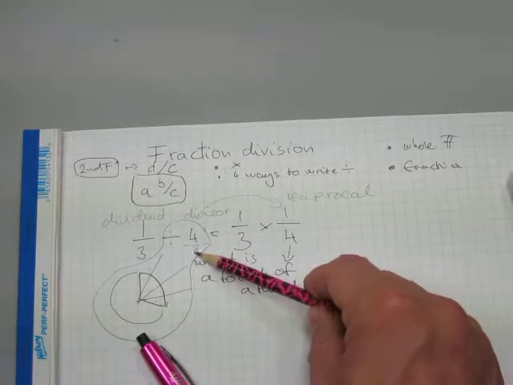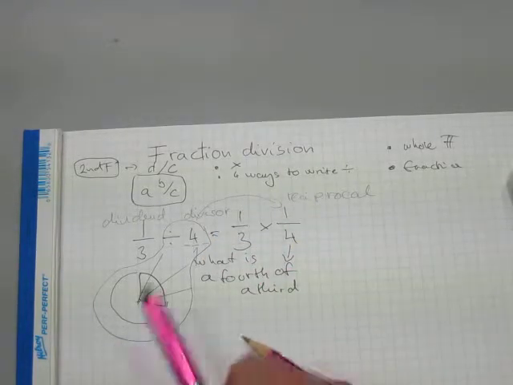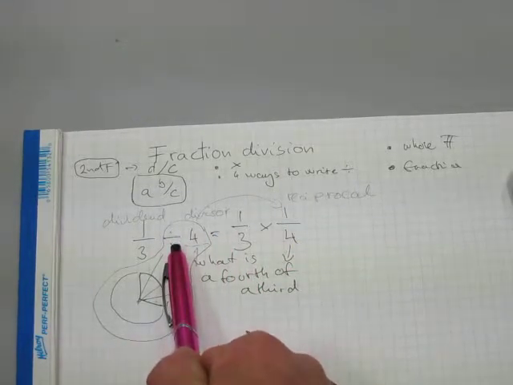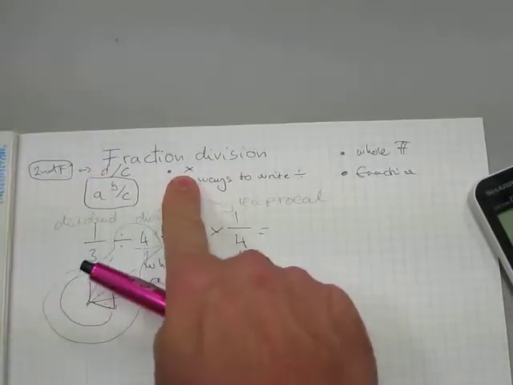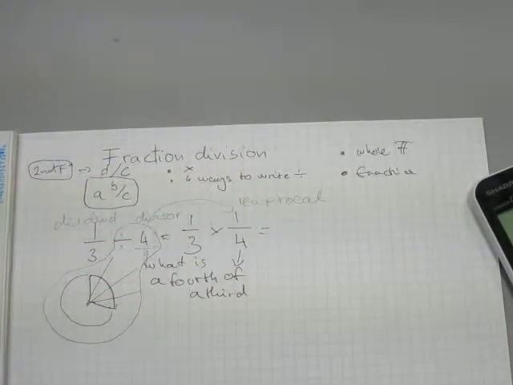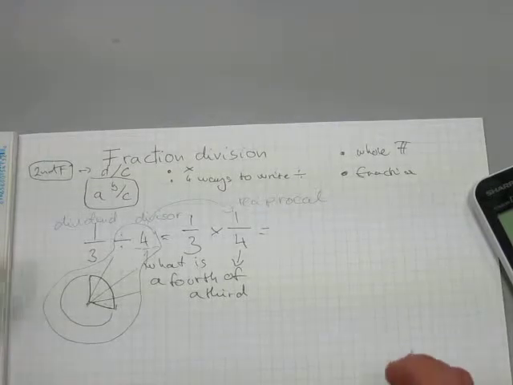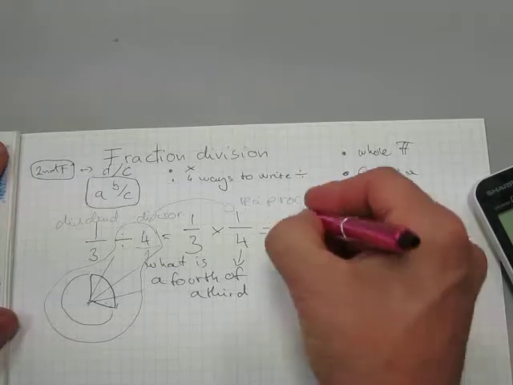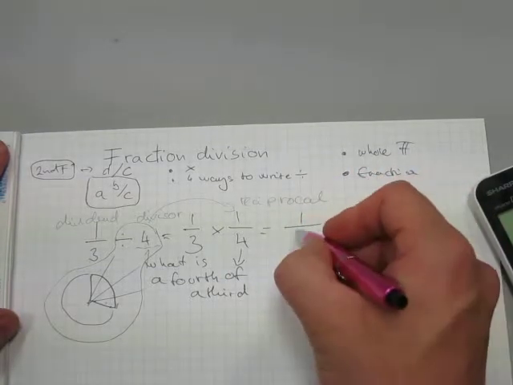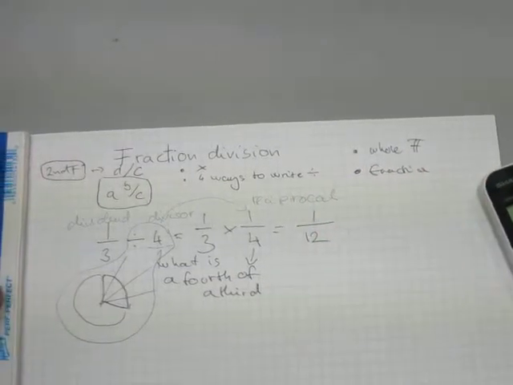If it was a 4 over 1, it is a 1 over 4, and the operation changes from division to multiplication, and that's why you need to be proficient with the multiplication there. Notice I said proficient, not just familiar with. 1 by 1 is 1, and 3 by 4 is 12.